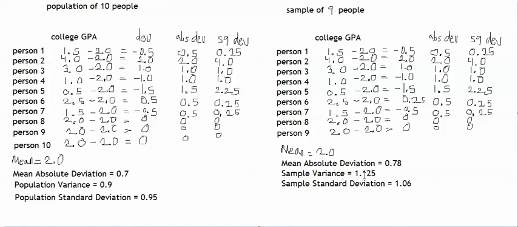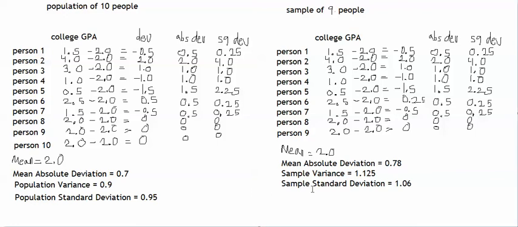And I said that it helps prevent it from underestimating, but what I should actually say is that it helps adjust for the fact that there's actually a tendency for these to underestimate the population values.